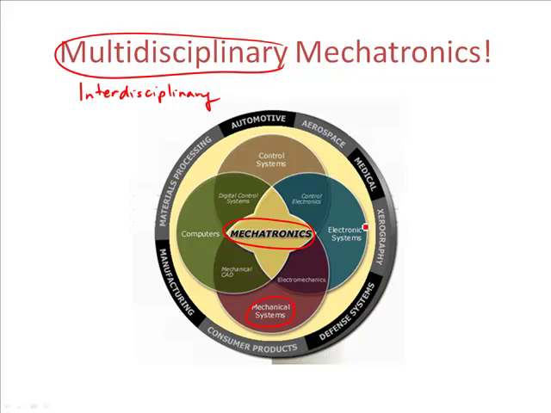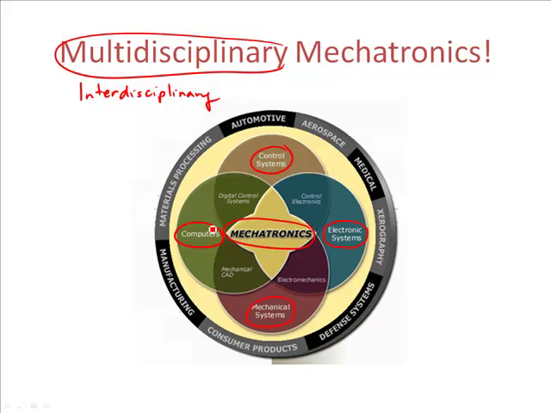Electrical engineers have a good understanding of electronic systems. Control engineers, and there are such things as control engineers, have a knowledge of control systems. And computer scientists or computer engineers understand how to program computers. Computer engineers understand computer architecture. And so what you'll see is that these areas overlap with each other.